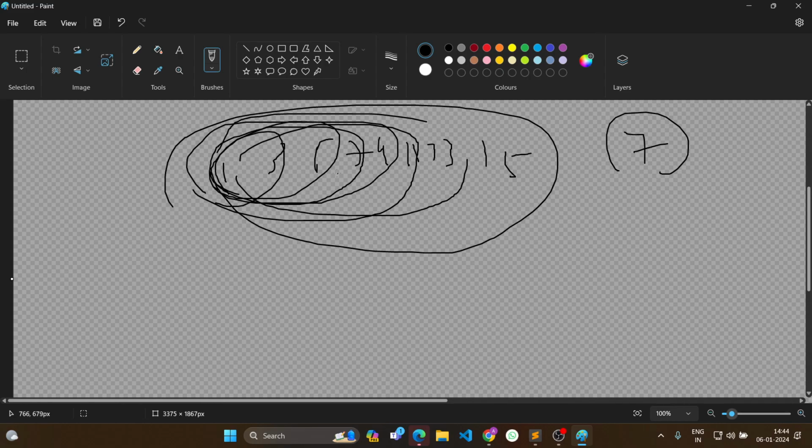So in total 7 operations are needed, so it boils down to 1. 1, 2, 3, 4, 5, 6, 7, 8. 8, so 7.